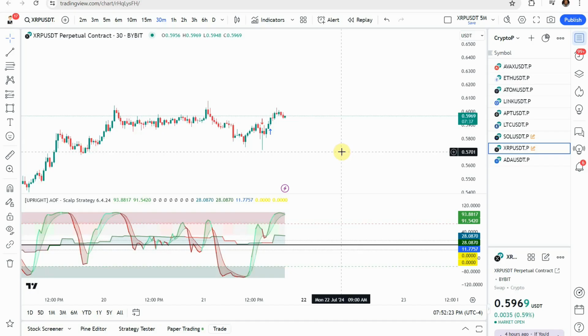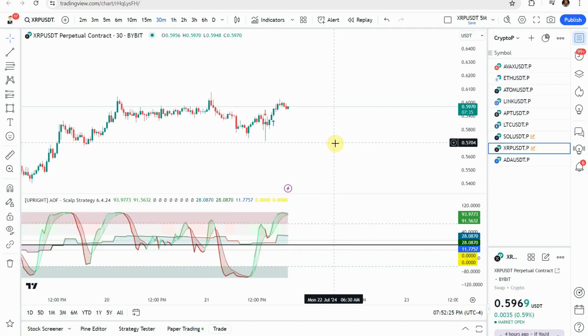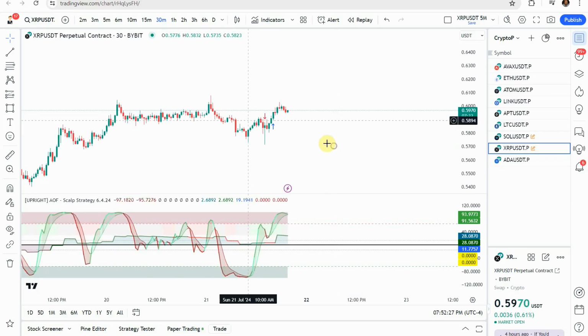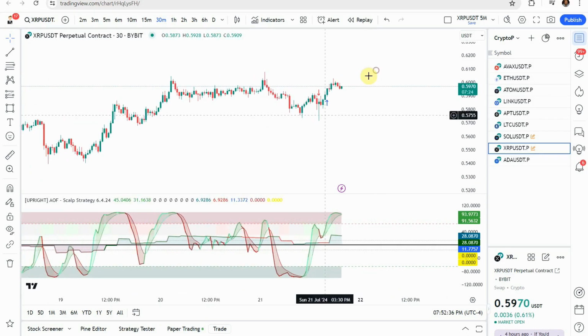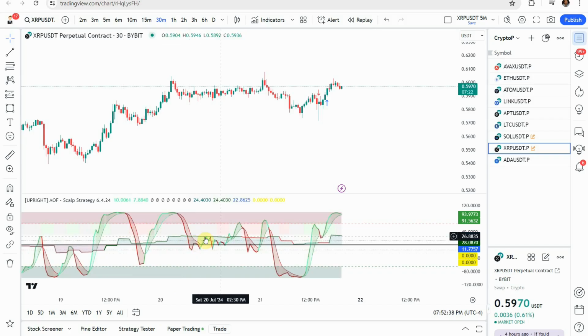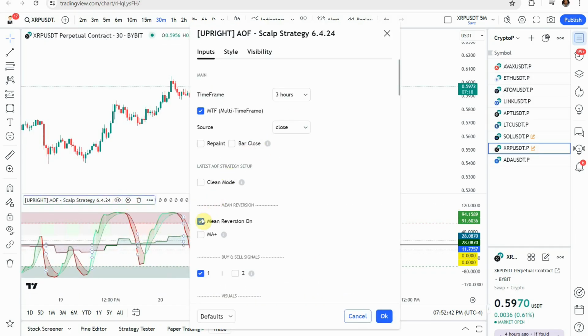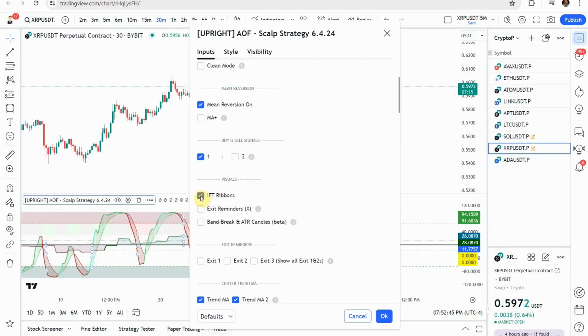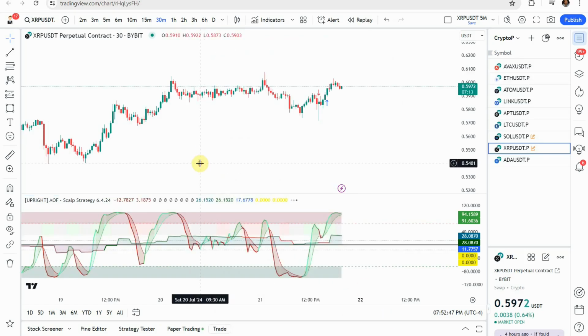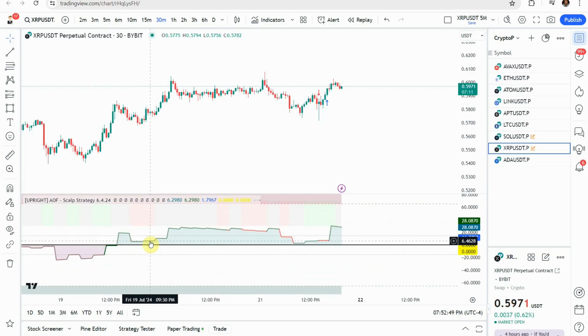So let's go ahead and take a look at the strategy setup itself. First and foremost, we go to the 30-minute time frame. Once we are on the 30-minute time frame, what we're looking for is the mean reversion. Let me turn off the inverse Fisher transform for just a moment and let it load.